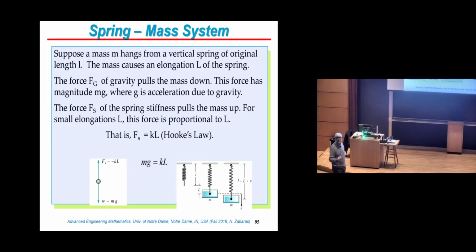What is the major assumption there? When is this valid? What type of displacements you need to have for Hooke's law to be applicable? It's the same thing like stress proportional to strain. What is the assumption there? Say it.